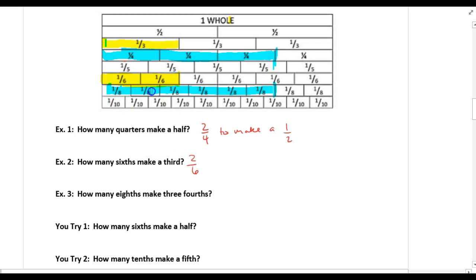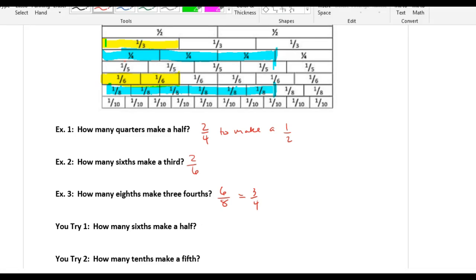How many eighths do we have here? We have 1/8, 2/8, 3/8, 4/8, 5/8, 6/8. So it takes 6/8 to make 3 fourths. What we're basically saying is 6/8 and 3 fourths are equivalent. Pause the video and try the next two on your own.